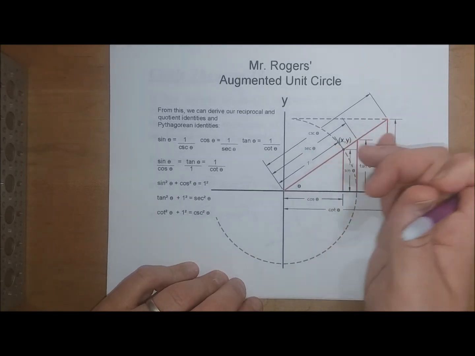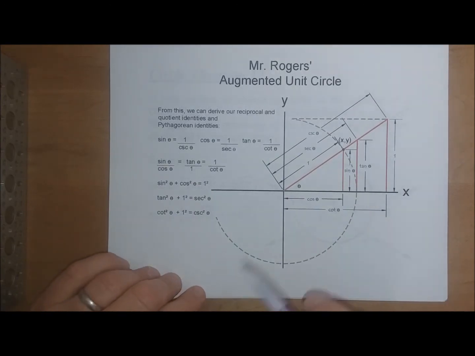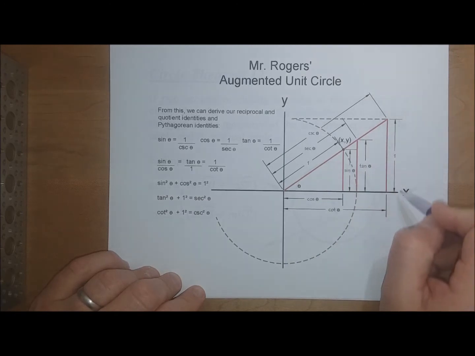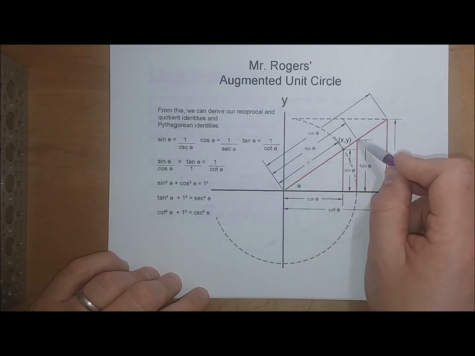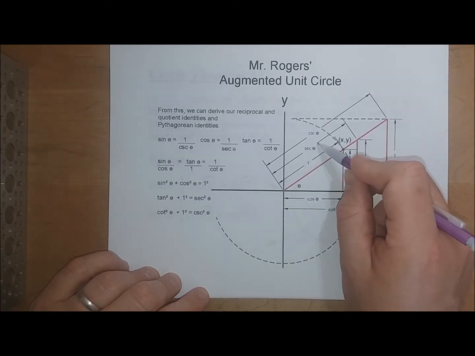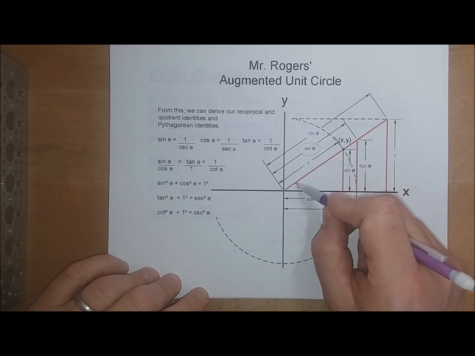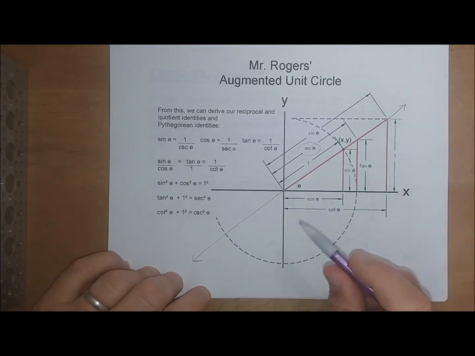If you go beyond that into Mr. Rogers' augmented unit circle, you're going to find that if we extend these triangles outside of the unit circle, this length right here is actually equal to the trigonometric function secant of theta. And as you can see, as it passes through the circle, that is indeed a secant.